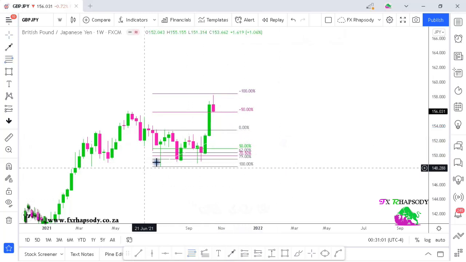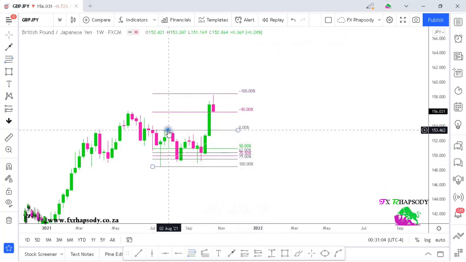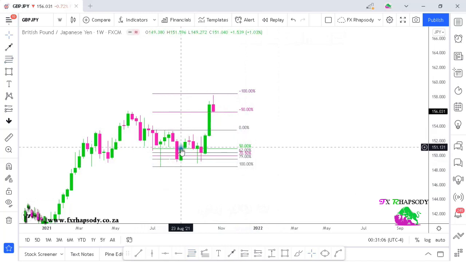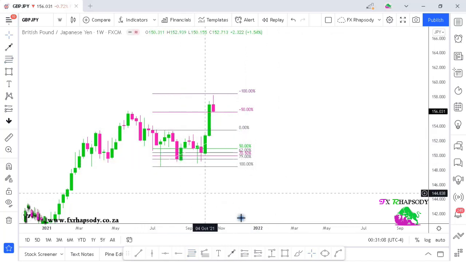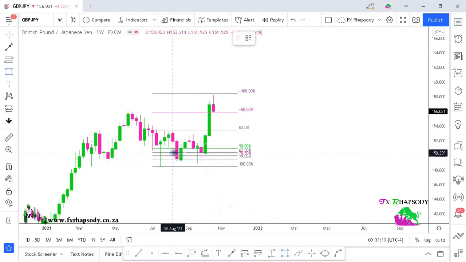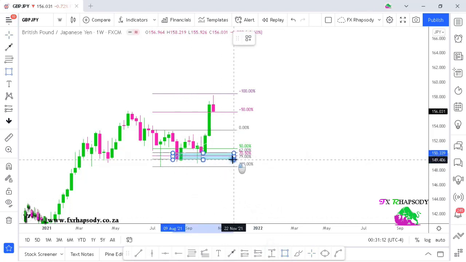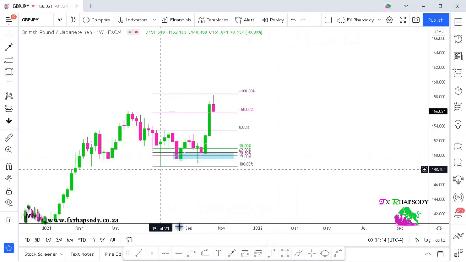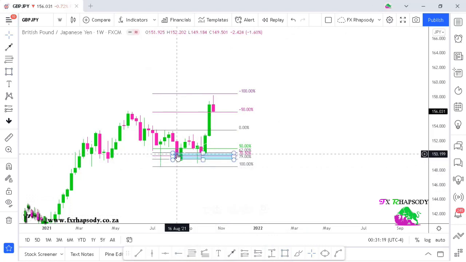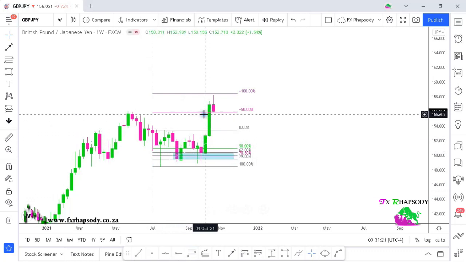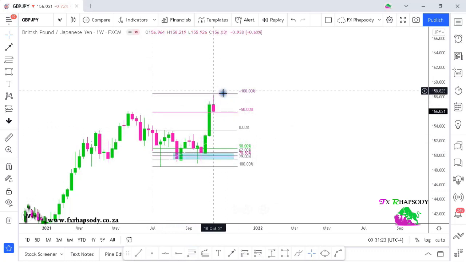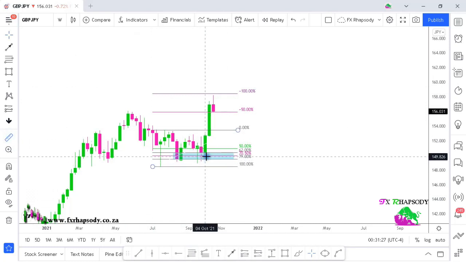So you take it from this swing low to that swing high over there, and you can see price retraced to this area, which was your 62% and 79% area. If you were a swing trader and you placed your trades over here, you would have ridden it out, and look at that, price almost going to your third target basically.